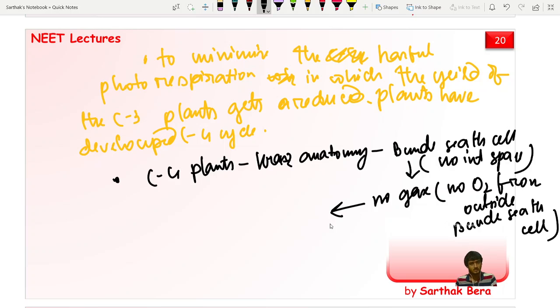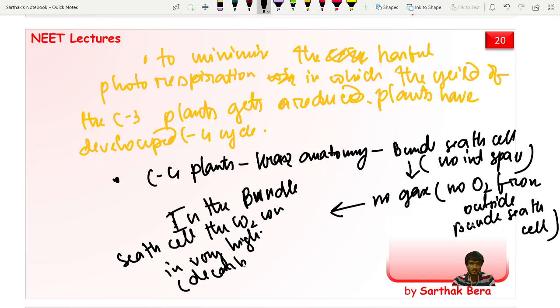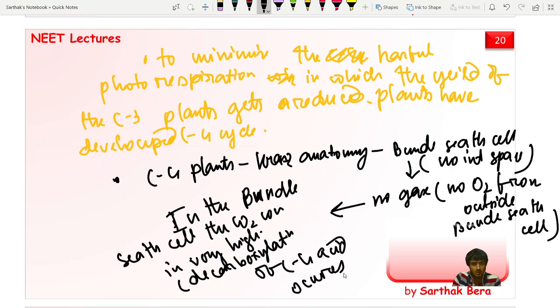So in the bundle sheath cell, the CO2 concentration is very high because decarboxylation of C4 acid occurs here.